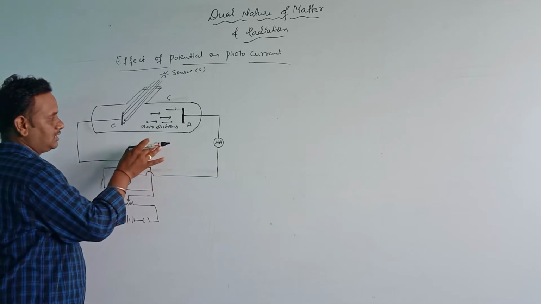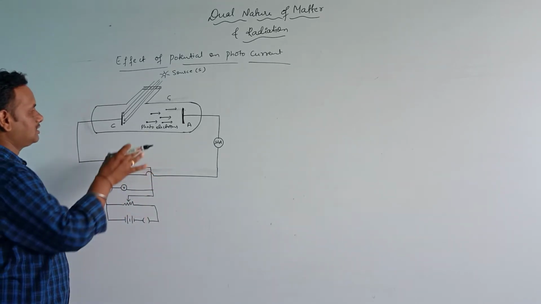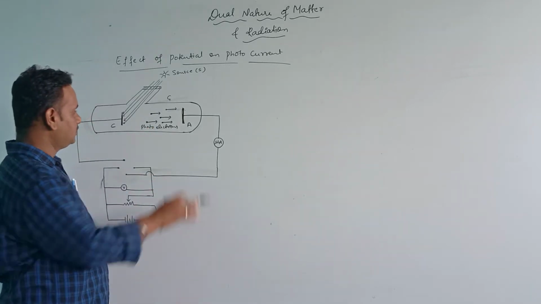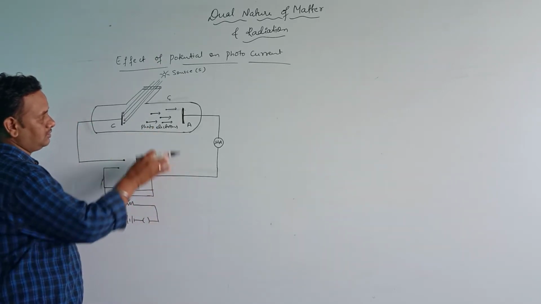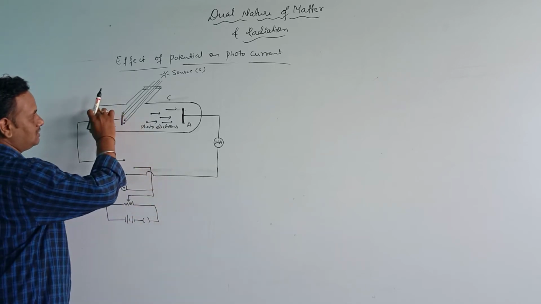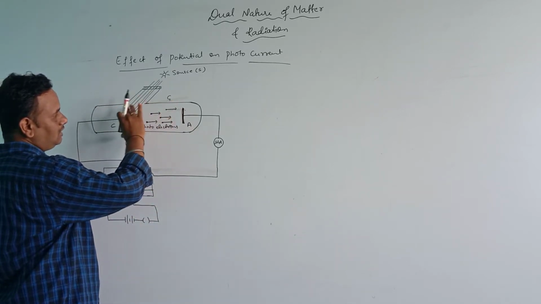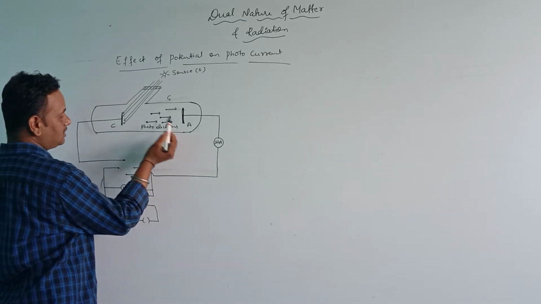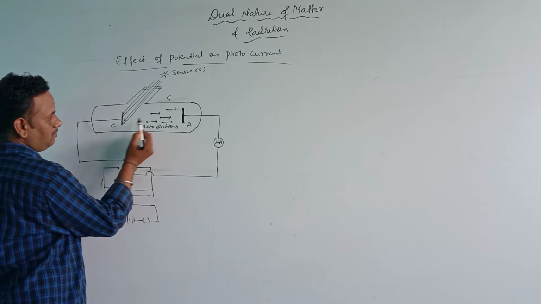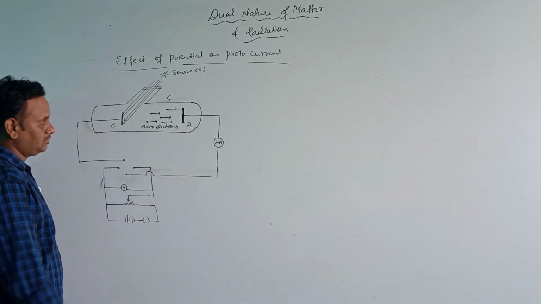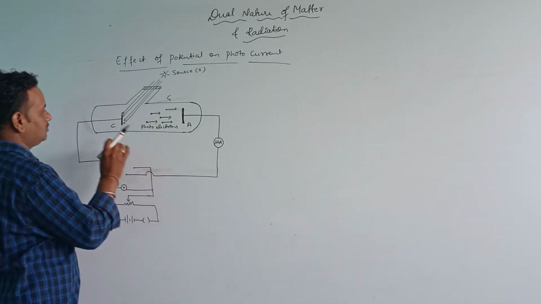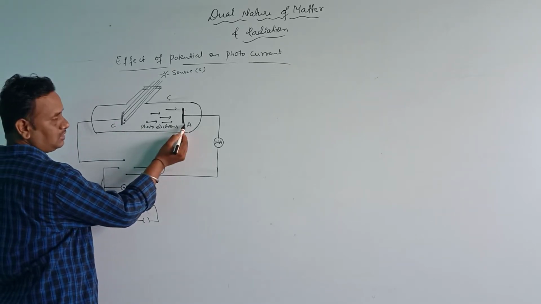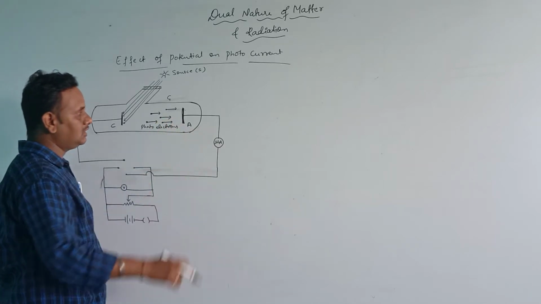As I explained in the first and second classes, the construction of the photoelectric experiment consists of a highly evacuated glass tube, with one emitter plate, which is a photosensitive plate, and the other a collector plate, also called the anode plate.